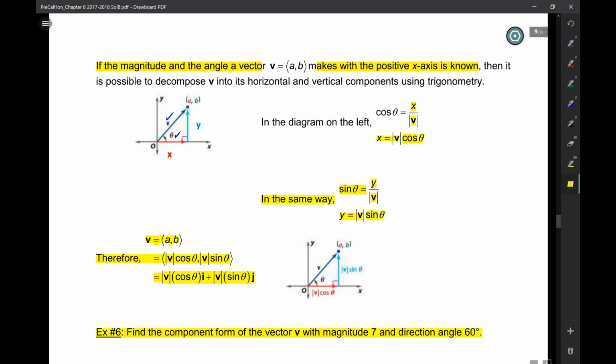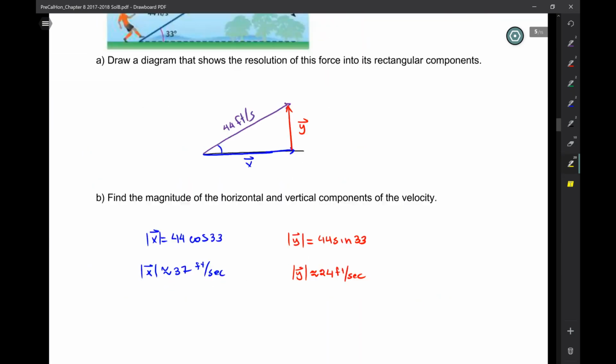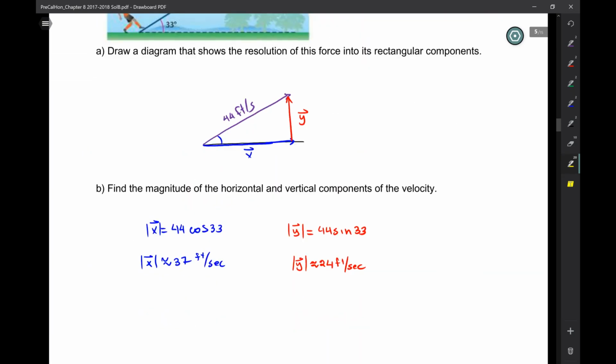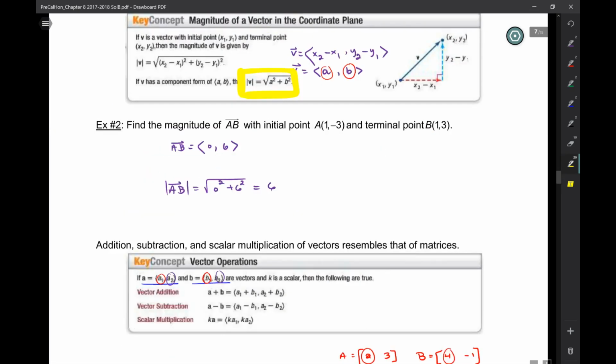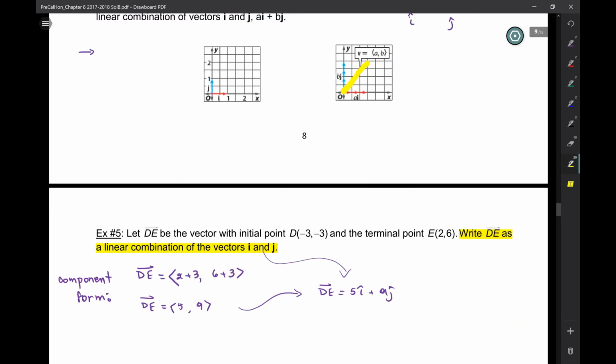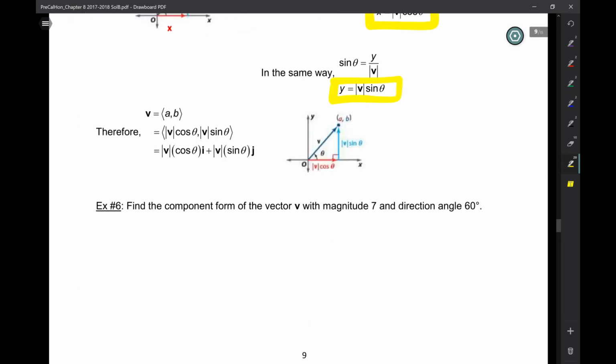X is just V cosine theta. And y is just V sine theta. This isn't new. X is always the magnitude cosine of the angle. Y is the magnitude sine of the angle. So you should do those without even batting an eyelid.